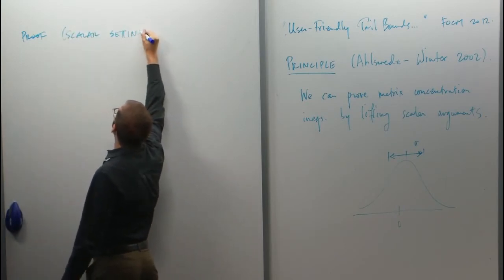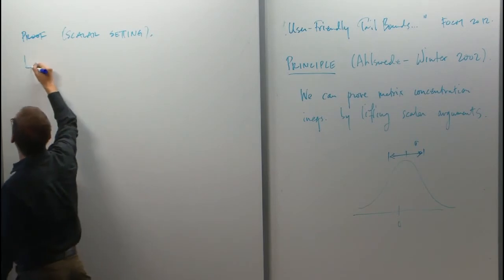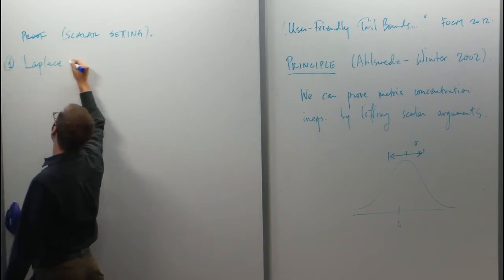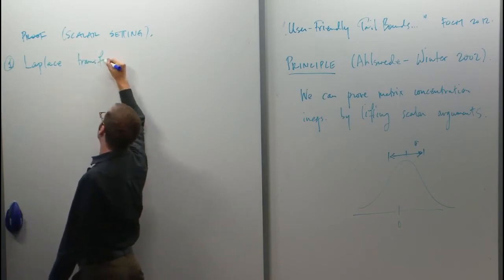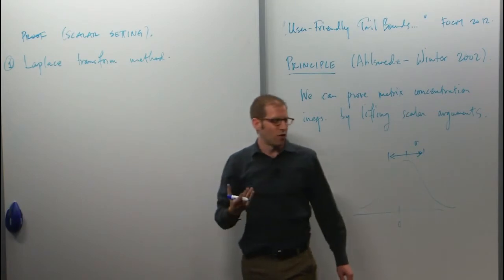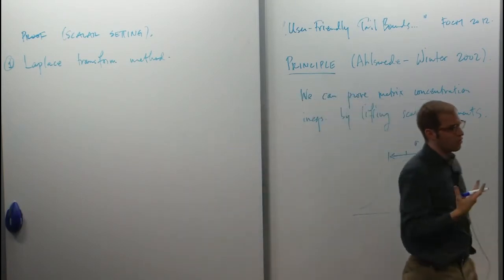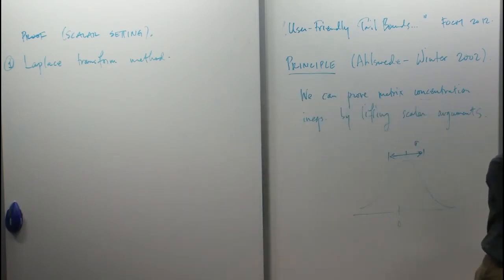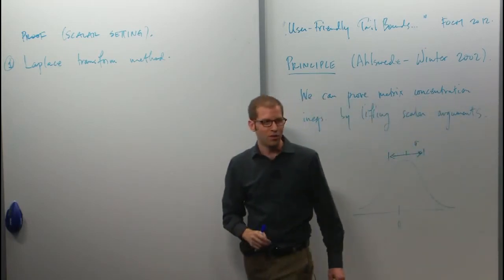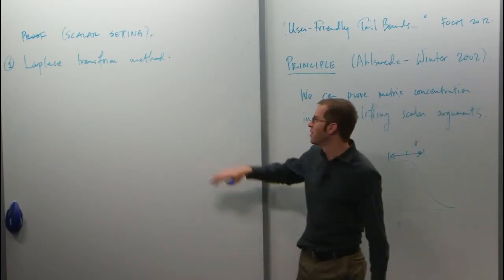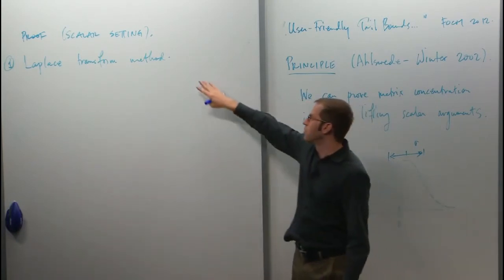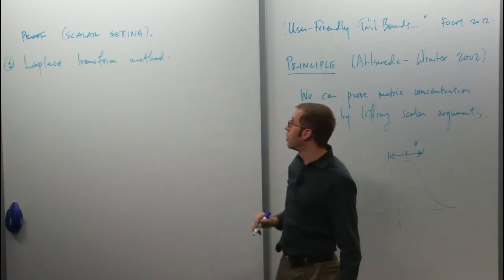The first thing we're going to do is apply what's called the Laplace transform method. This is often known as Chernoff bounding or Hoeffding bounding. Really, it goes back to Bernstein in the 1920s. I've been chastised for saying that, but it really is a very old technique from the Russian literature.